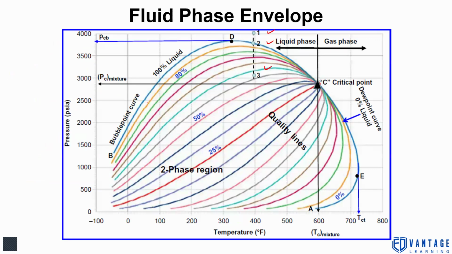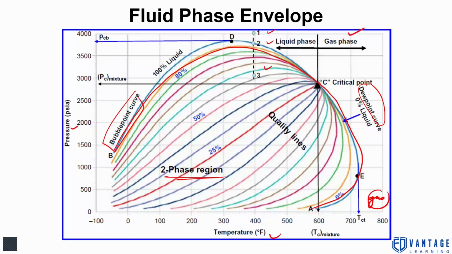This fluid phase envelope is a plot of pressure and temperature. So you have a phase envelope like this. In this phase envelope, you have the bubble point curve on the top and the dew point curve on the bottom. The dew point curve is that curve which divides the two-phase region from the single-phase gas region.